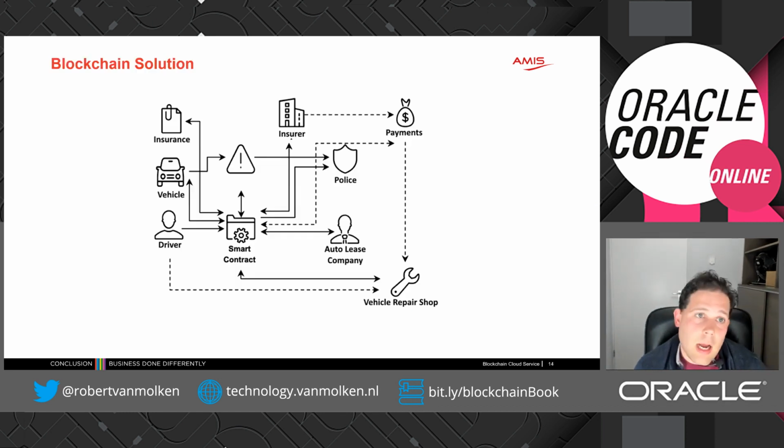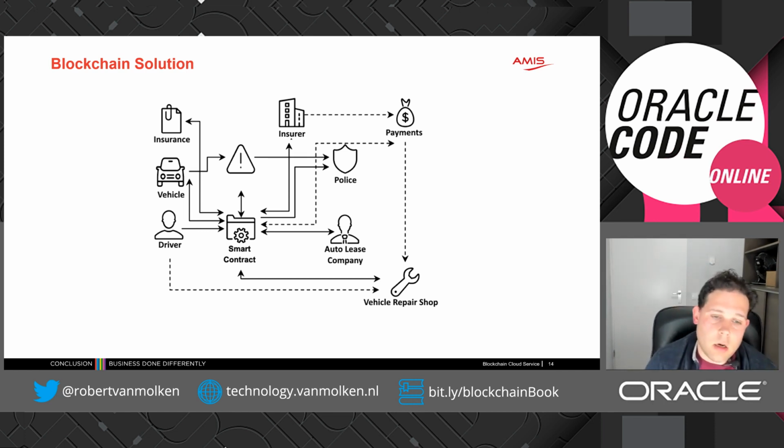So let's look at how we can solve that within blockchain. Instead of having all the lines going from one organization to another, we use a smart contract, and all the participants will do actions on the smart contract.